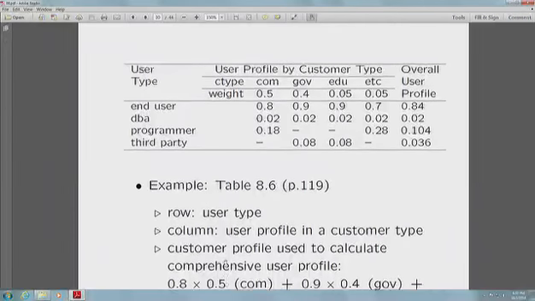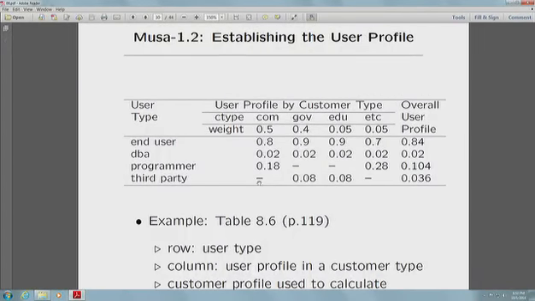Essentially, you weigh this column by this factor, this column by this factor, this column by this factor, this column by this factor, and then add them together. You'll get the comprehensive profile. The result here is that, as the user profile, your end users will represent 84% of the weight of the usage.